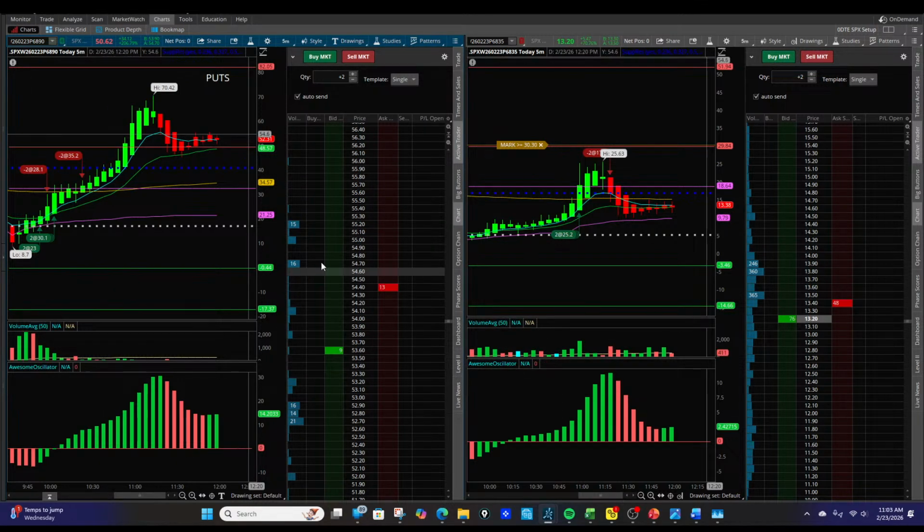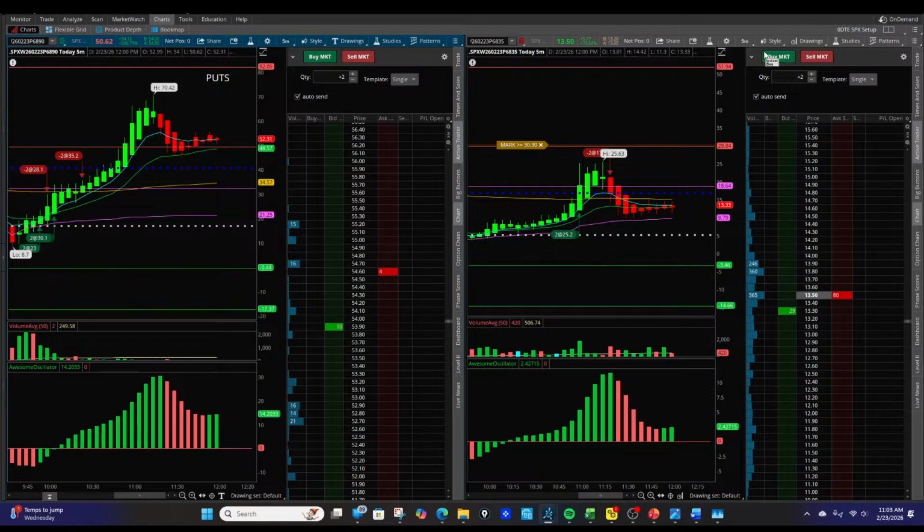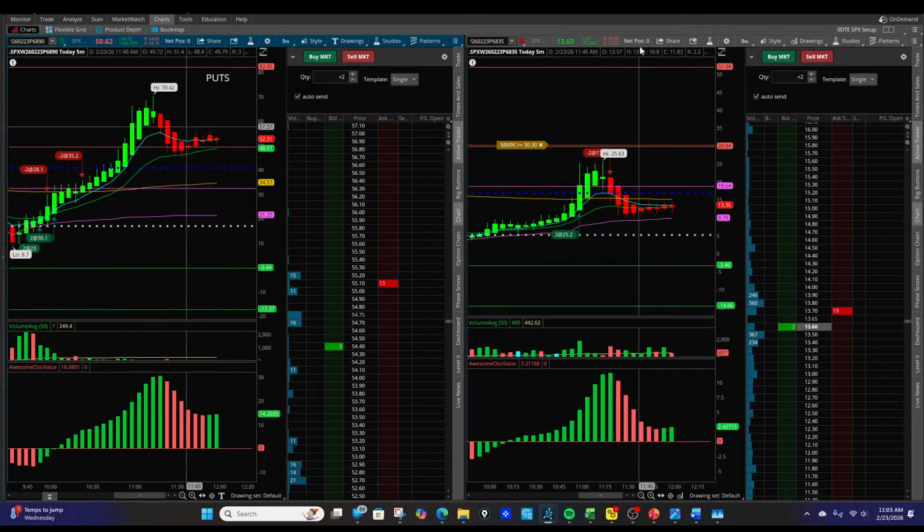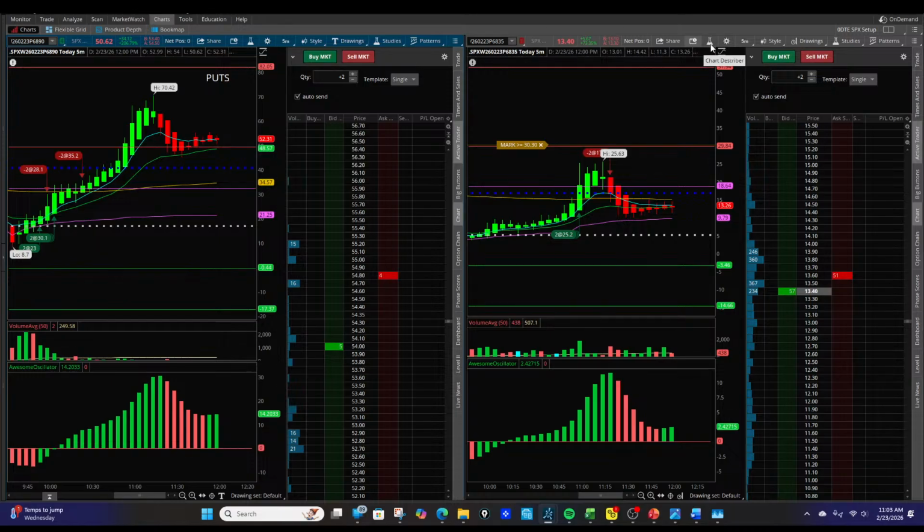I've gotten rid of the calls. So there's puts, and here's puts also. Those calls really aren't doing anything, so there's no point in having the screen up. I'd rather look and see everything that I've bought in puts today.